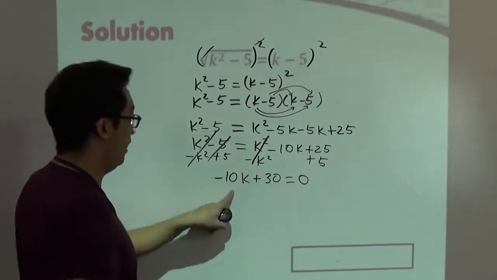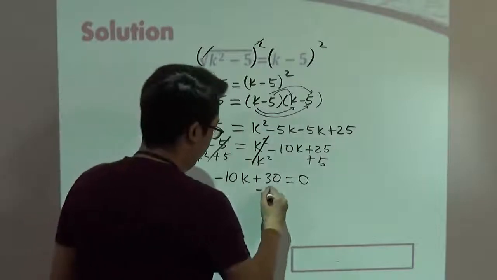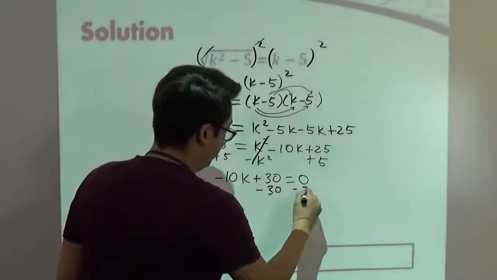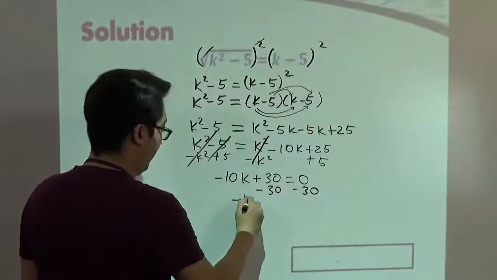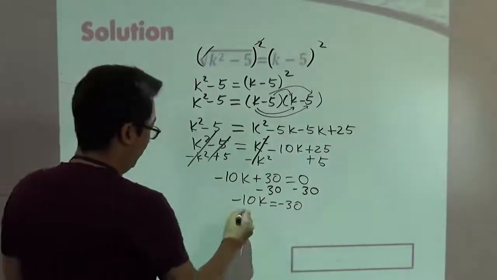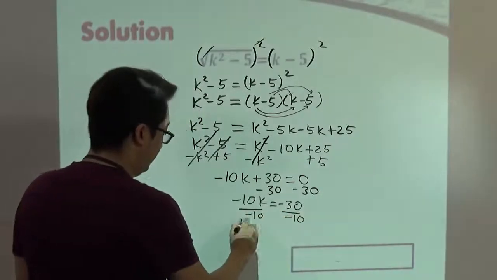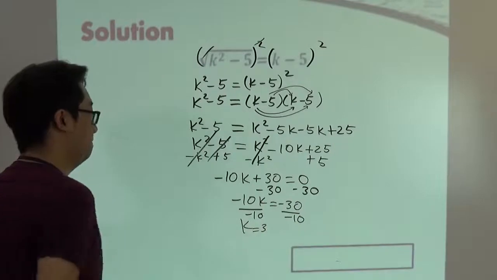So I have negative 10k plus 30. Let's keep that negative 10k on the left side. Subtract 30. So negative 10k equals negative 30. And divide by negative 10. So k should be 3.